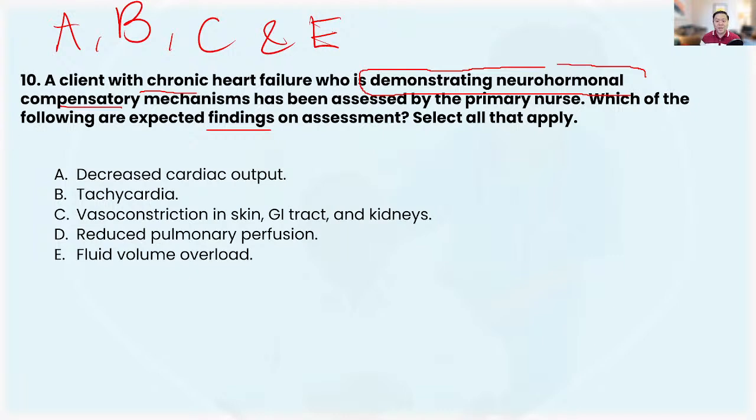And so when there is a decreased cardiac output, this will now lead to inadequate tissue perfusion, okay? So let's go back to that concept. Decreased CO, there will be decreased tissue perfusion.